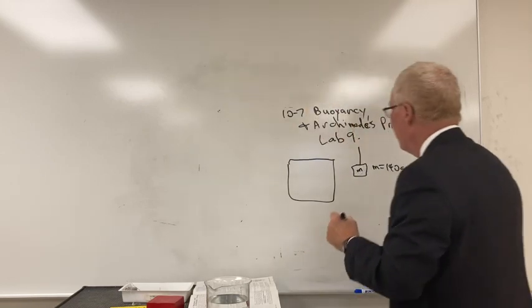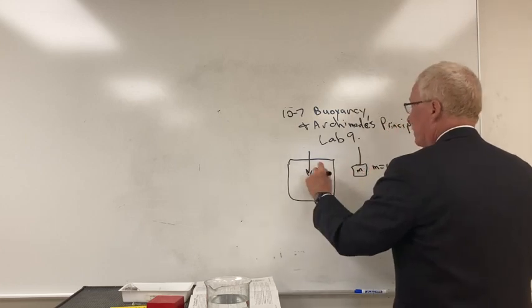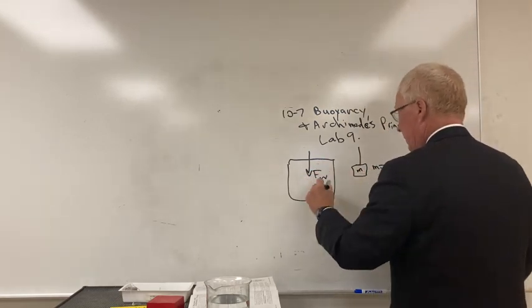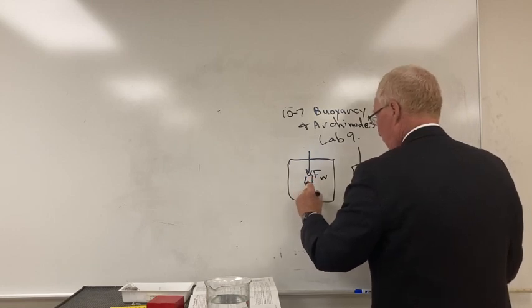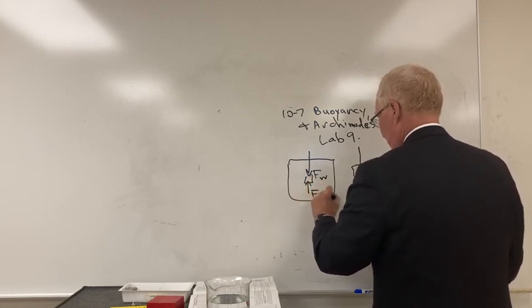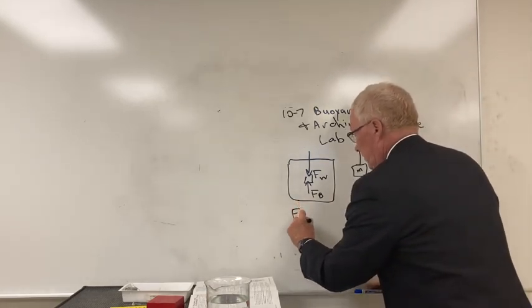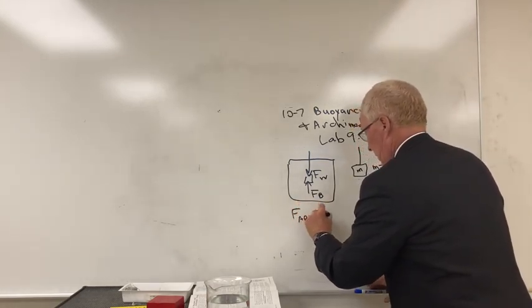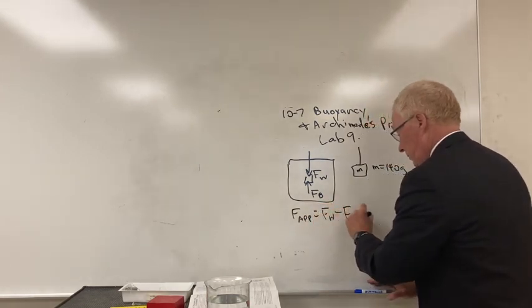So we have the mass, so downwards we have the weight on it. Pushing upwards is the buoyant force. And the difference of the two, which we call the apparent weight, will be the force of the weight minus the buoyant force.